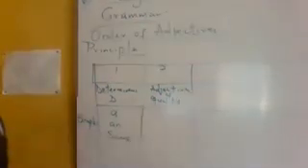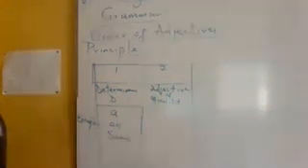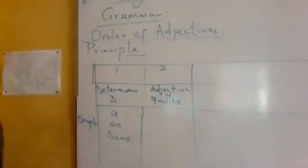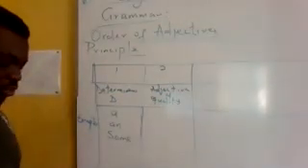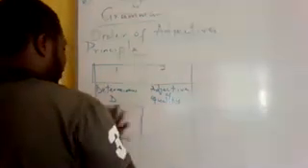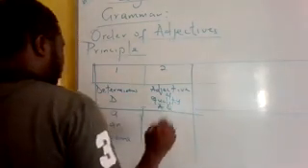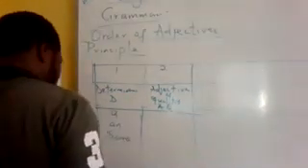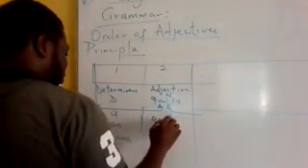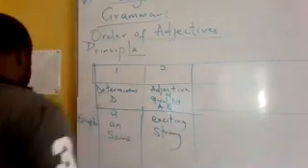For example, when you say something is strong, durable, exciting, all those have to do with quality. Let's call this AQ. So we have exciting, strong. Some of them I will not give you examples. I expect you to use your discretion.